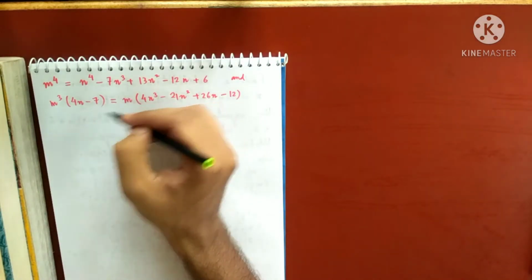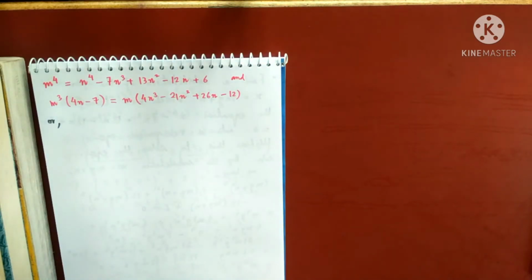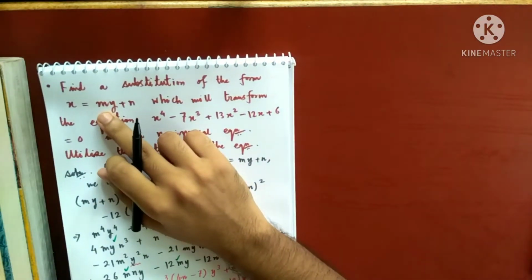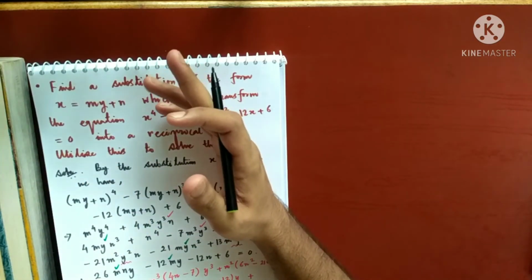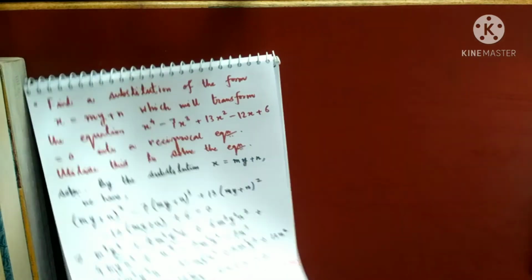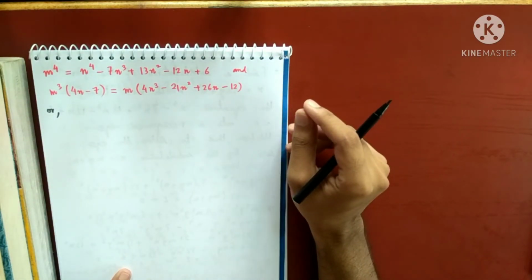Now why can I cancel m from this one? Because the substitution is of the form x equals my plus n. So definitely m cannot be 0, because if m is 0, the substitution makes no sense, since this whole thing will vanish and y will not be there. So the value of m should be non-zero, right?